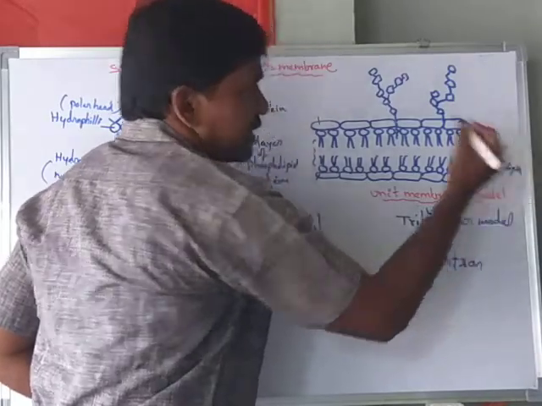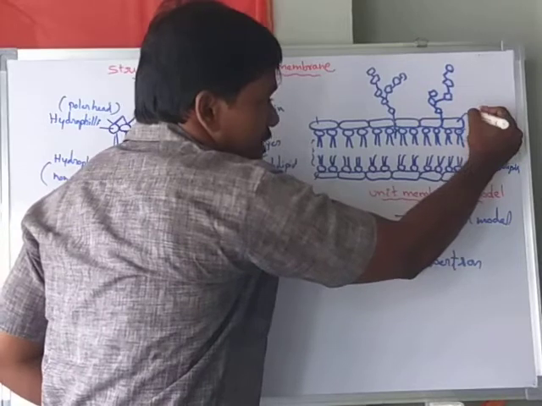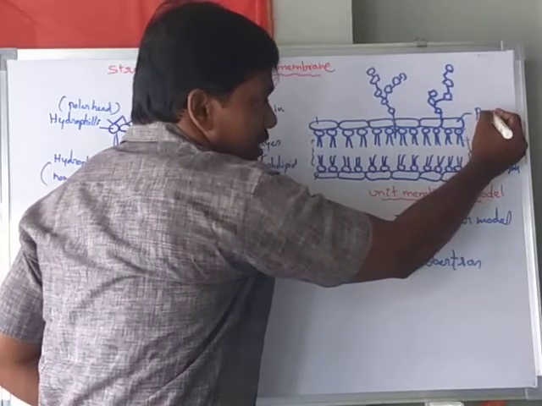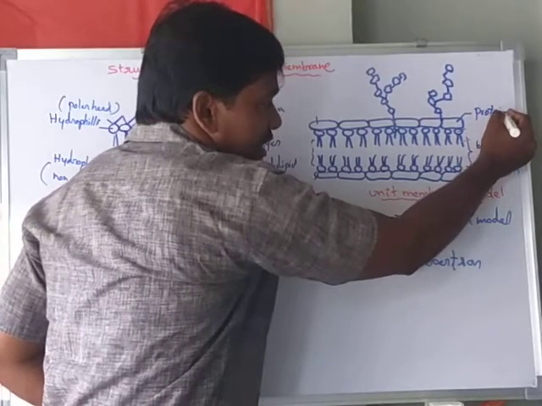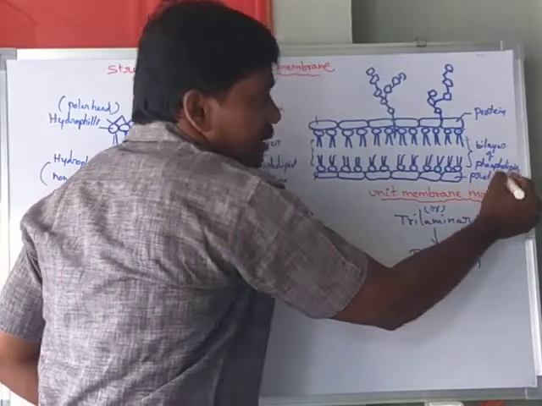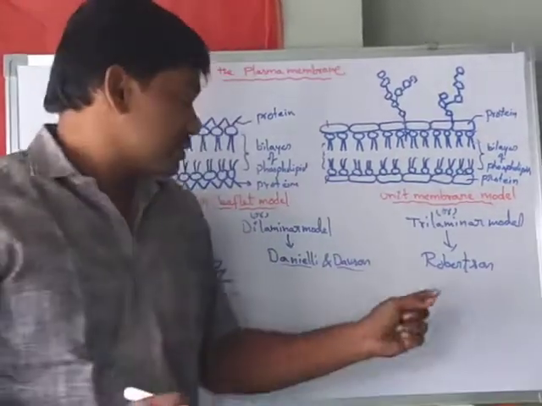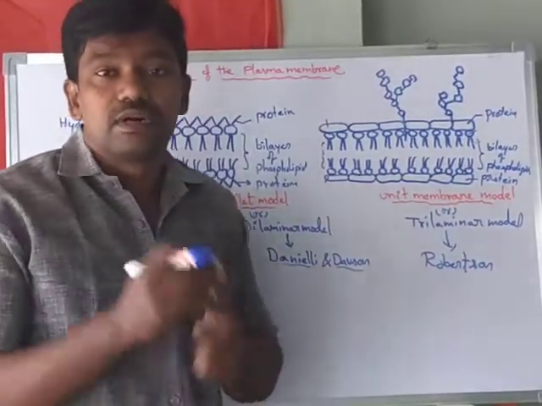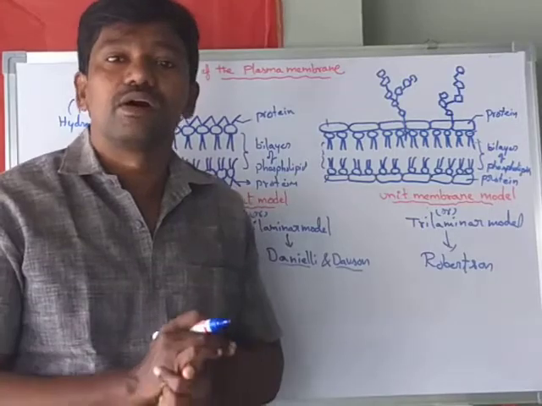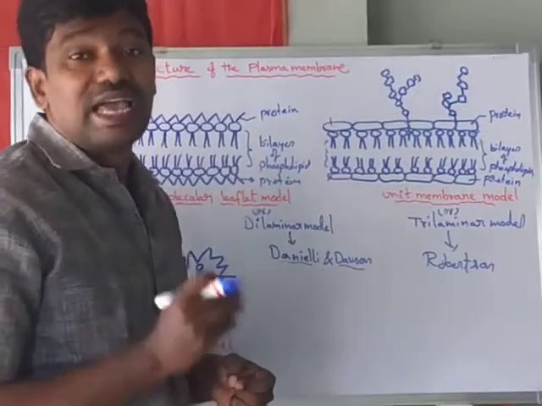And these are the protein layers. Two protein layers and one phospholipid layer, so it is called trilaminar. Robertson said the plasma membrane commonly has a thickness of 75 to 100 angstroms.